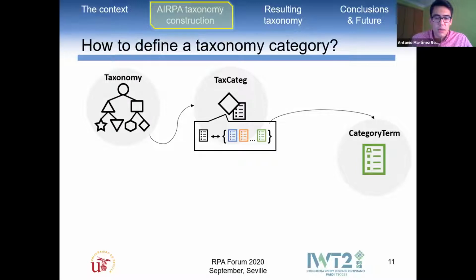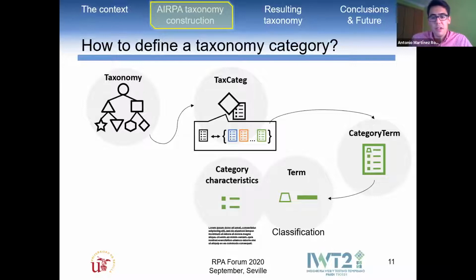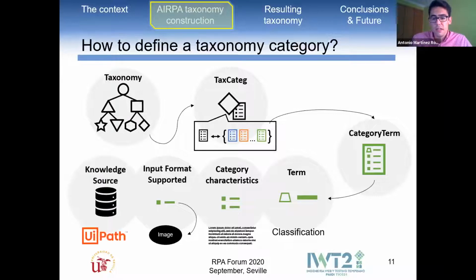Thus, both categories, category term and task-cate, will have a series of properties associated with them. The terms, which correspond to the category title, for example, classification; the category characteristics, which are a description of why a component belongs to the category; the input format supported, for example, we see here the case of image; and the most important part, which corresponds to the knowledge source from which the category comes, for example, WIPE.